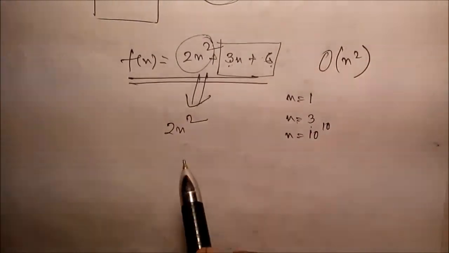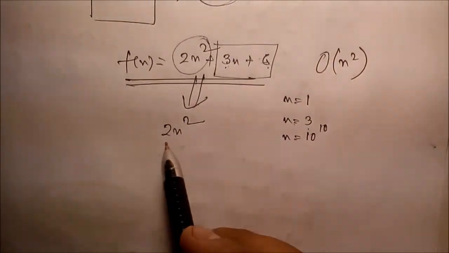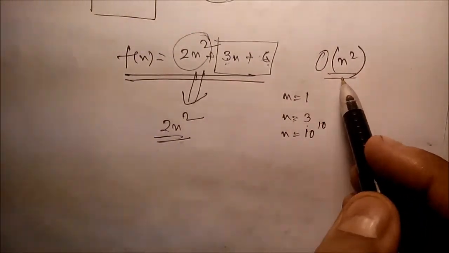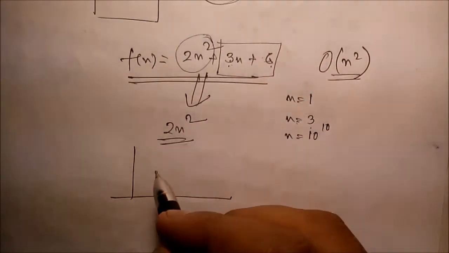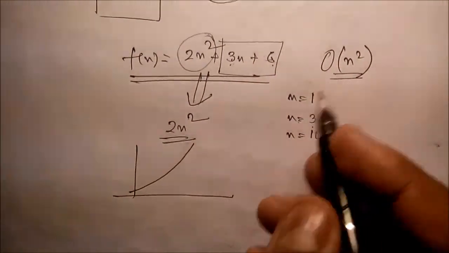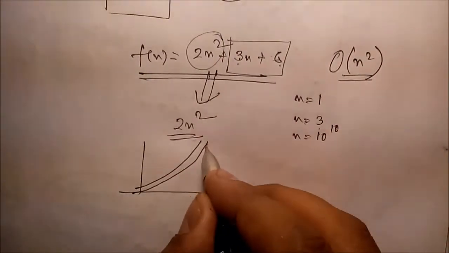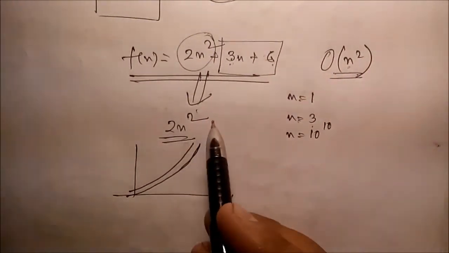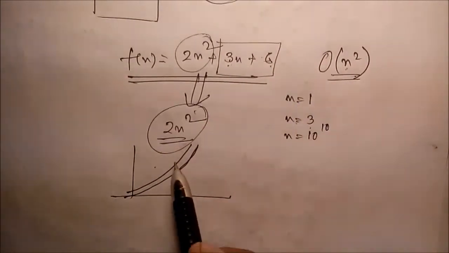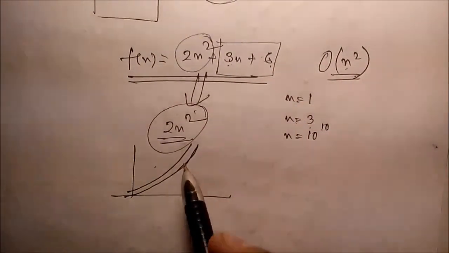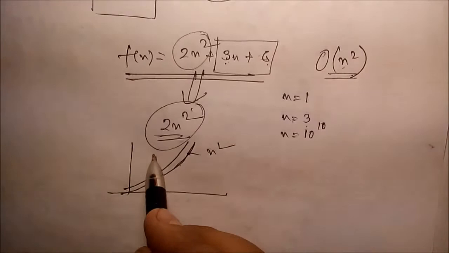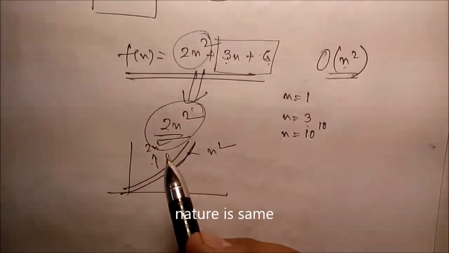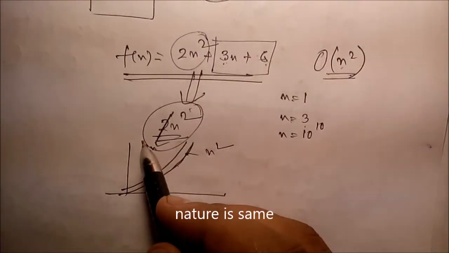Now, what is the difference between 2n square and n square? If you draw 2n square it looks like that, and if you draw n square it looks like that. The nature of 2n square and n square is the same, so we can ignore the 2 also.